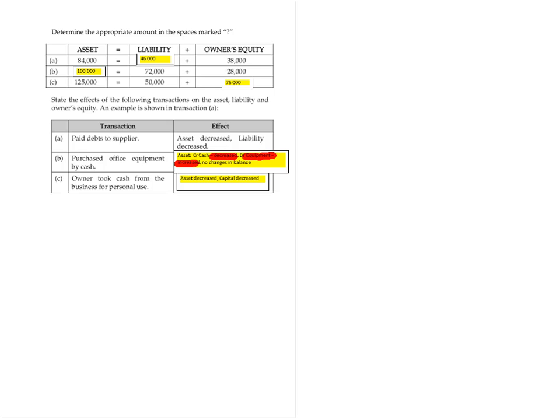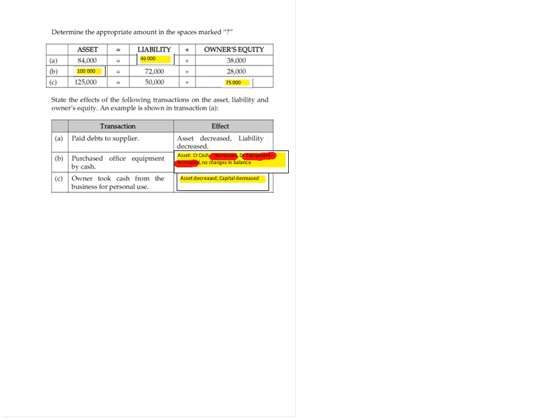You have on the right side liabilities and the owner's equity, and on the left side we have our assets. So firstly, we have the changes in assets. In the cash, we have decreased the money, it goes out, and the equipment has increased because we bought new office equipment.